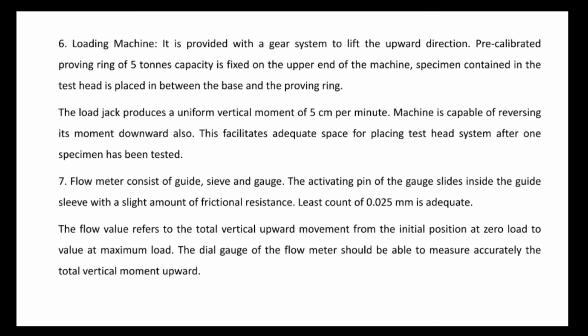Now, in order to carry out the density void analysis, we'll have to know the percentage air voids. The percentage air voids, if taken with the theoretical specific gravity of the mixture, can be calculated as (GT minus GM) upon GT, where GT is the theoretical specific gravity of the mixture, whereas GM is the mass density of the specimen.